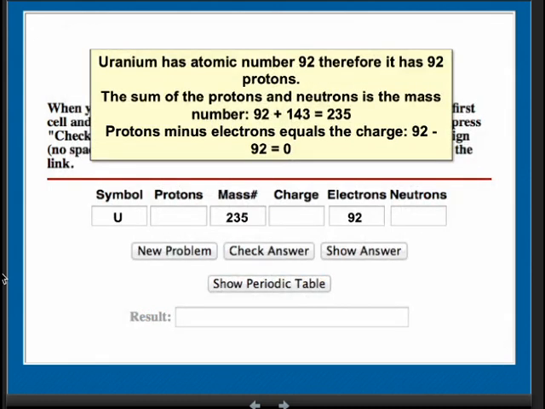92 protons. If the mass number is 235, we take 235, subtract 92, and we get 143 neutrons. And finally, you were given that it had 92 electrons. We figured it had 92 protons.